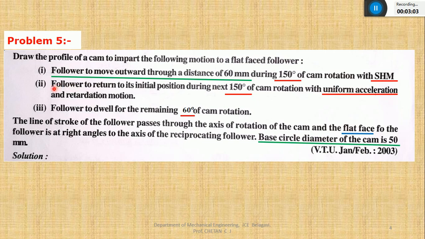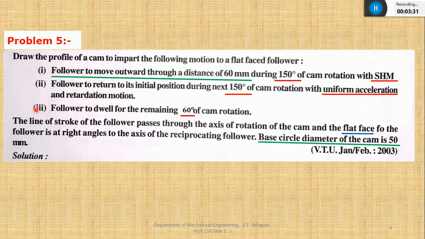This is theta r. Next means immediately after this. It means there is no dwell between the outstroke and the return stroke. It means theta d1 is 0. The cam rotation is with uniform acceleration and retardation motion. It means the return stroke is with a uniform acceleration and retardation motion.